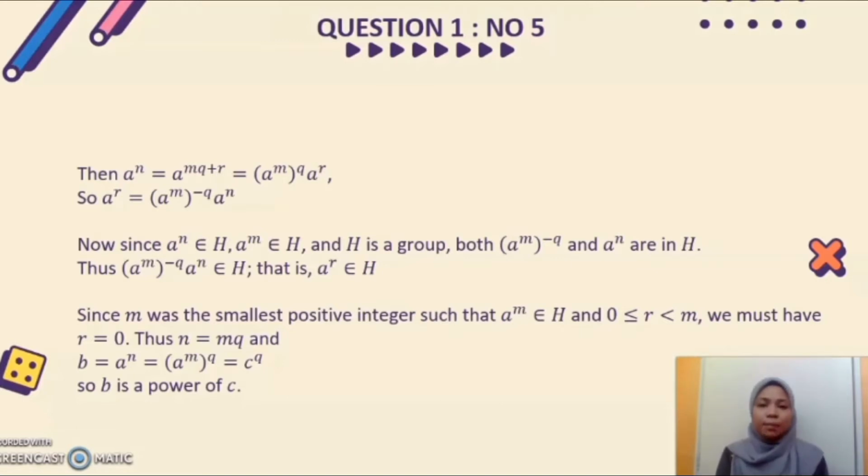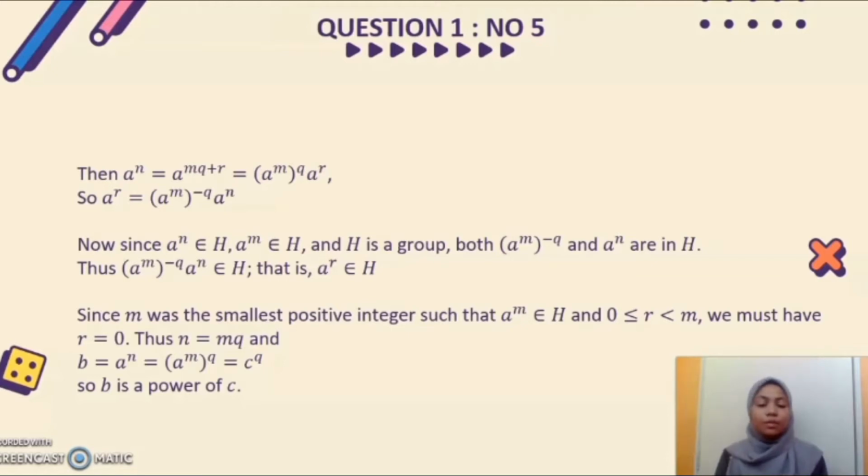Now, since a^n is an element of H, a^m is an element of H, and H is a subgroup, both (a^m)^(-q) and a^n are in H. Thus, (a^m)^(-q) times a^n is an element of H, that is, a^r is an element of H.